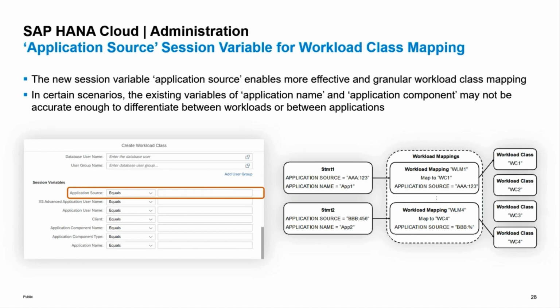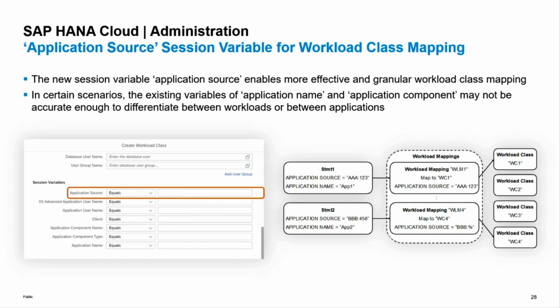We found that in certain scenarios, the existing variables of application name and application component may not be accurate enough to differentiate the workload that you want to use, or to differentiate between applications, just because what those variables were getting may not be totally accurate, and so you weren't able to make a distinction of when to use your workload class.